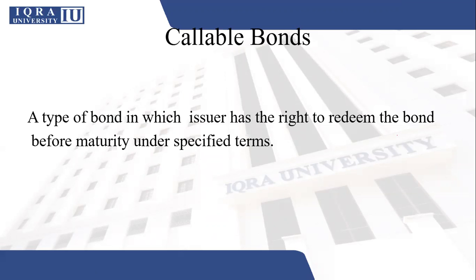So for example, a bond is issued at a coupon rate of 10% with a par value of 1000 and 5 years of maturity.